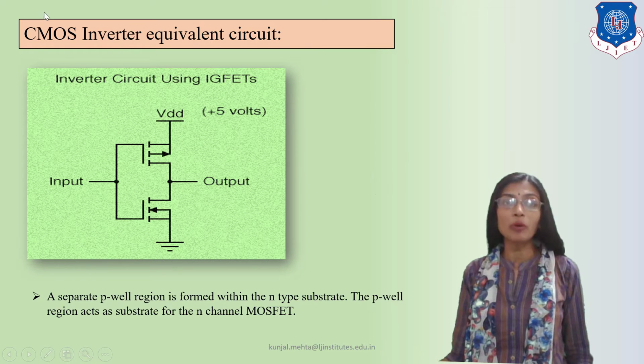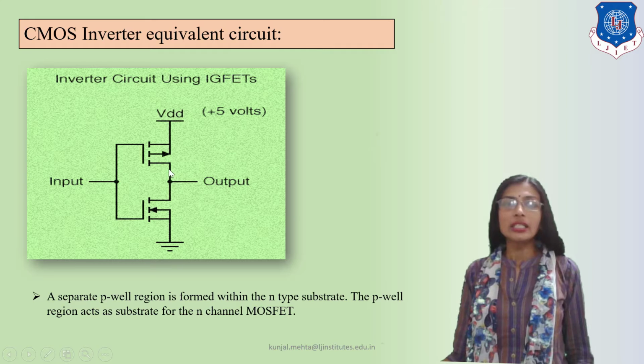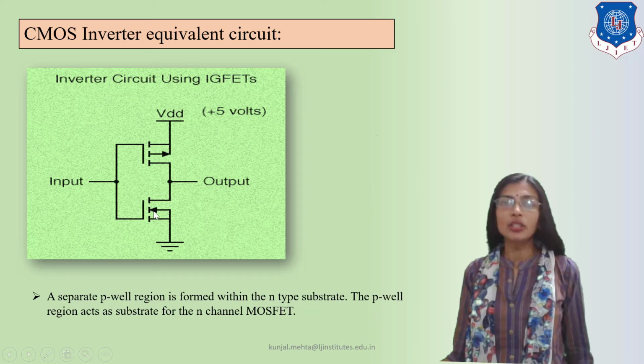Let me come to the point of circuit. Now I want to explain the CMOS inverter equivalent circuit. Here I have used two types of MOS, NMOS and PMOS. This is the PMOS and this is the NMOS. There are two gate voltages. The current direction shown outside and one shown is inside. So this is the combination of the PMOS and NMOS, two MOSFETs, right?